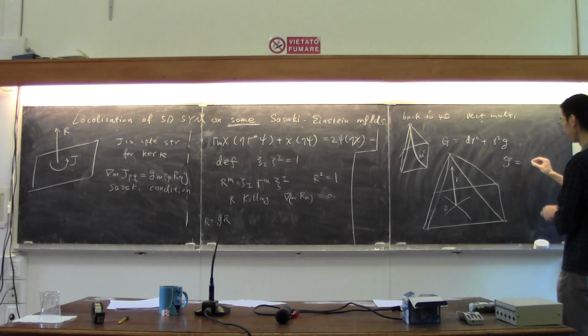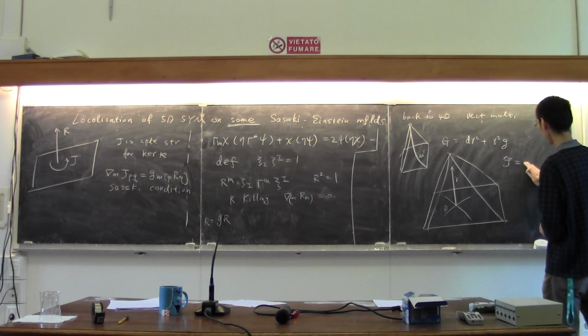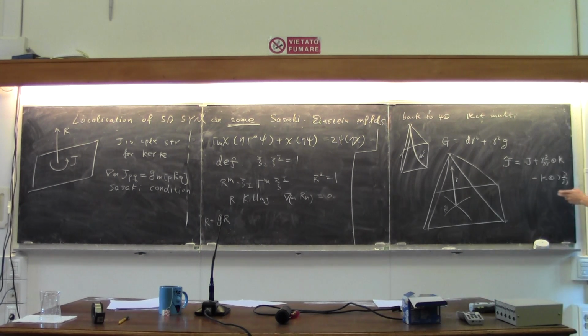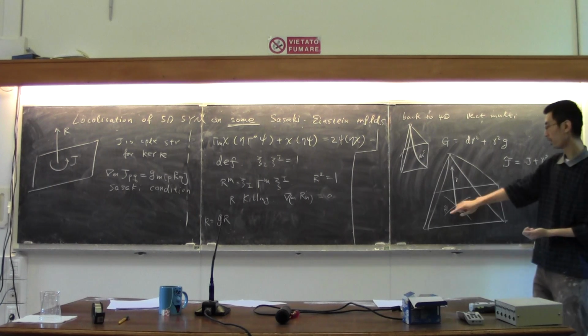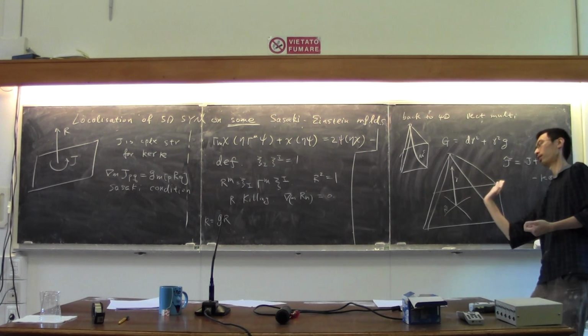Let me just call it J tilde. It is something like, how should I write it, small j plus dr tensor kappa minus kappa tensor dr. So J tilde is made up of the original J, and this part tells you that it rotates this one into this one, and this one into minus that one.